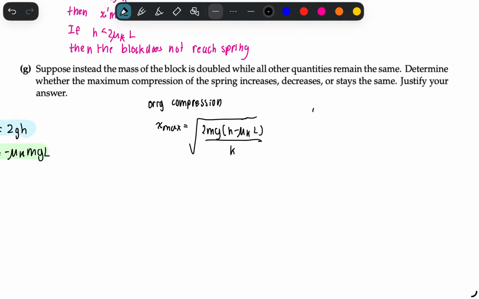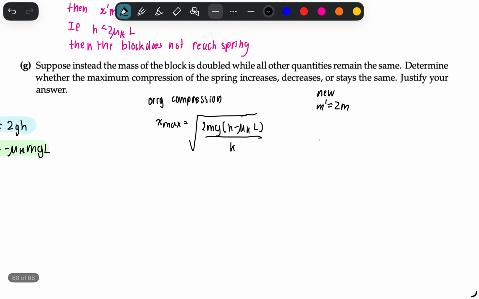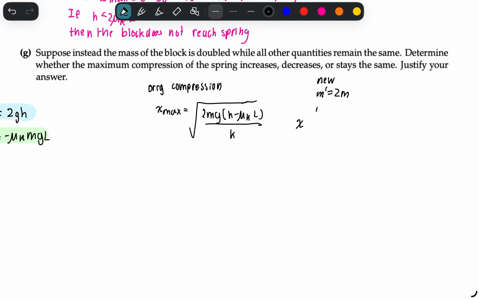Our new mass is m prime, aka 2m. So our new compression is going to be x max prime, where you just replace m and keep everything else the same.